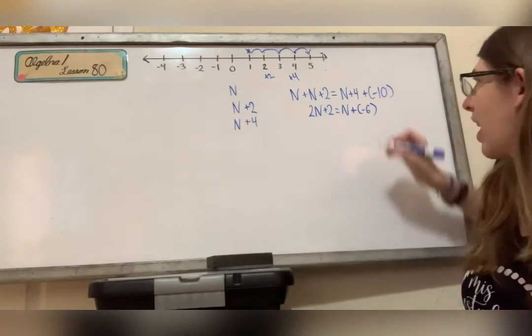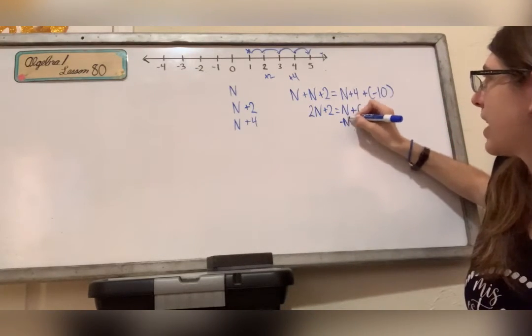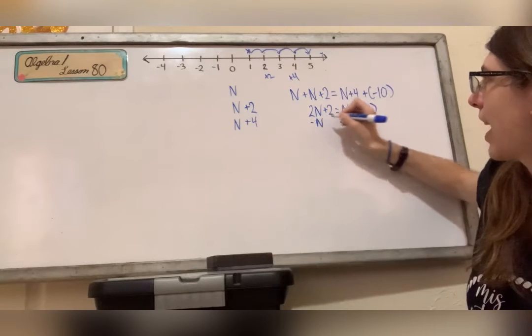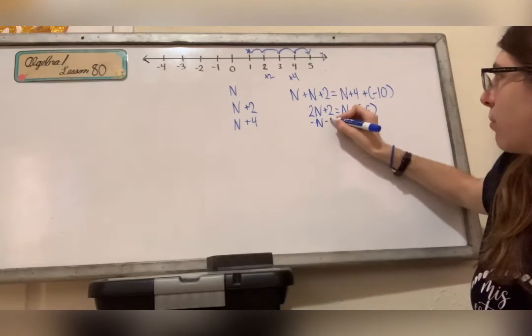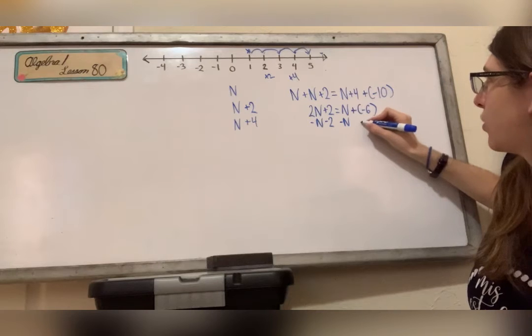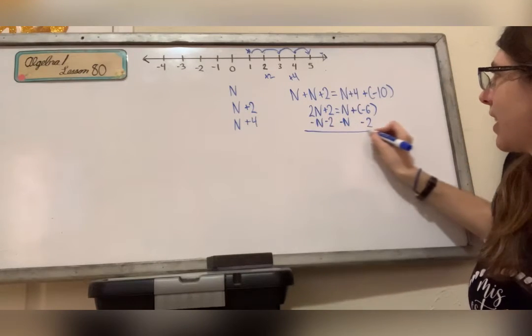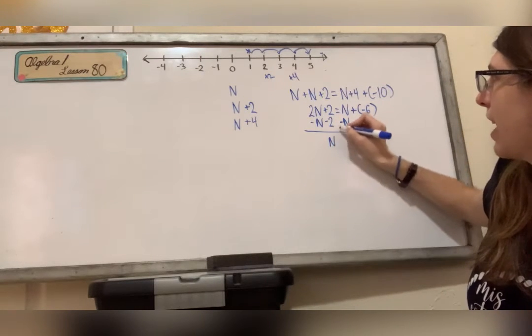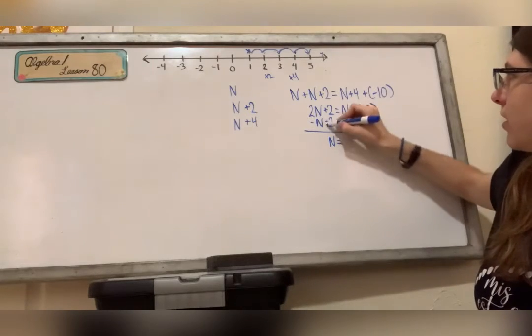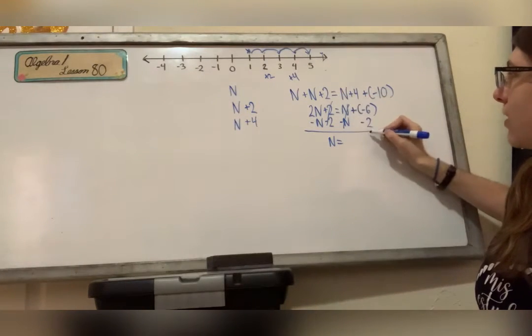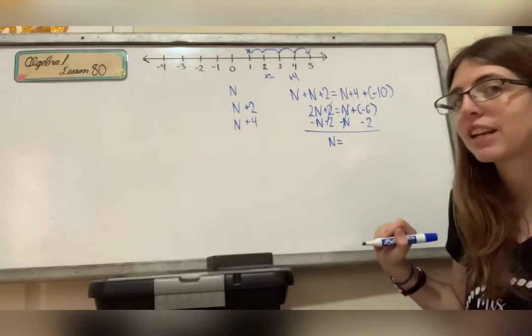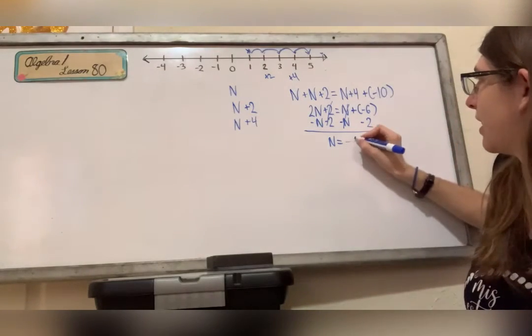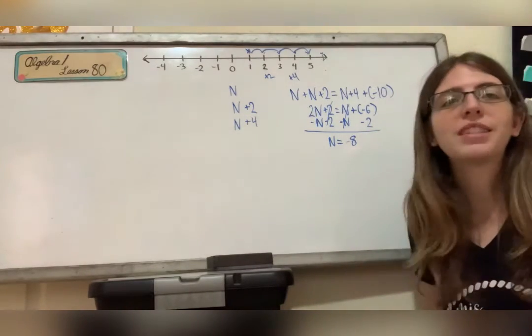Now I'm going to get rid of the smaller n, so I'm going to subtract n from both sides, which means that I'll get rid of this whole number and subtract 2 from negative 6. So I'm left with n over here equals, these cancel, negative 6 plus a negative 2 is a negative 8. So n equals negative 8.